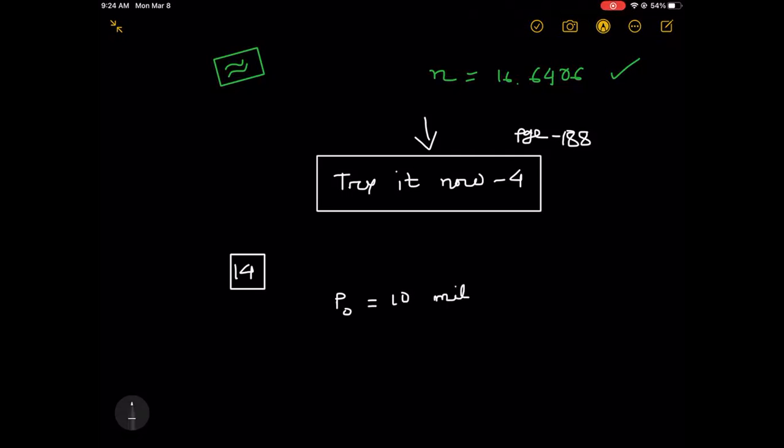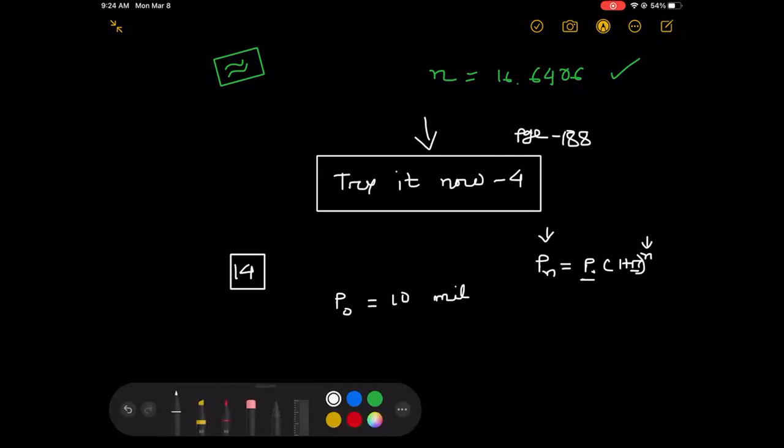If you remember, this is the exponential growth formula, so if we're looking for n, we need pn, p naught, and r. We have only 4 things to look for, and out of these 4, 3 will be given. The other we will try to calculate.